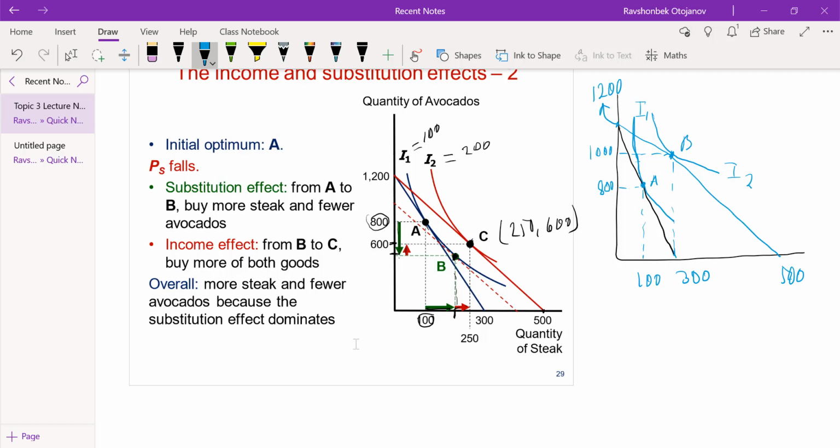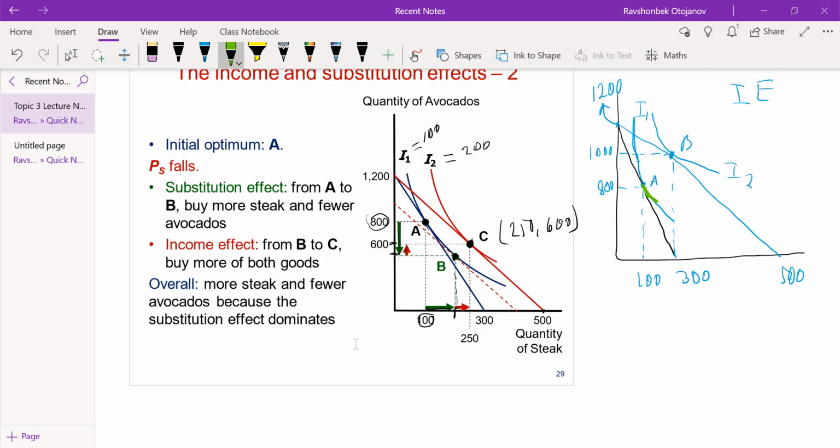Now he settles on this point because the income effect is now dominating. When the price decreased, Russell substitutes some of the avocados with steaks, so there is a movement downwards here.